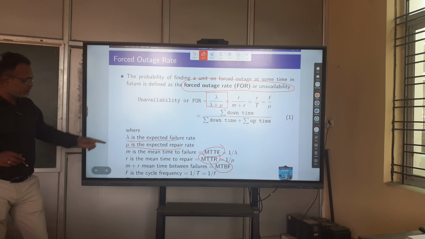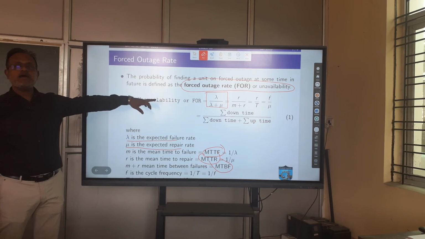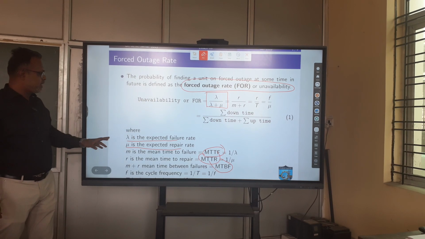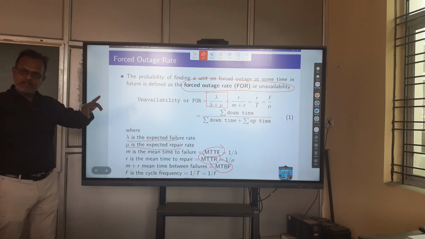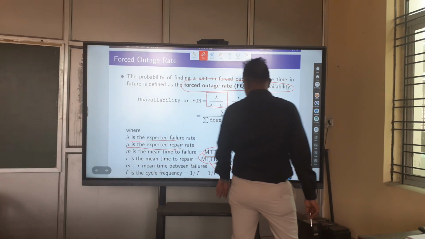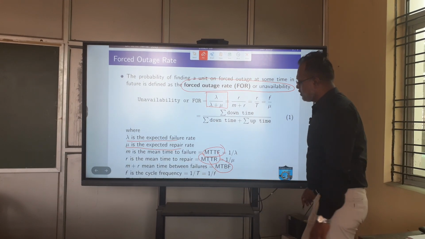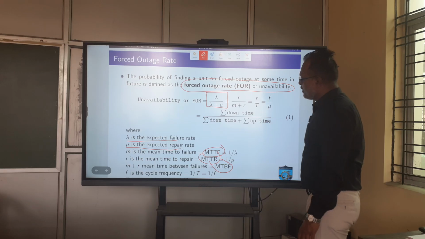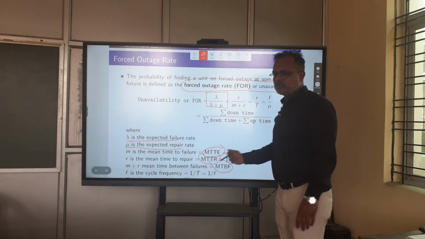Just mention these terms. Write FOR is equal to lambda by lambda plus mu. Lambda is the expected failure rate, mu is the expected repair rate, mean time to failure is given by 1 by lambda, and mean time to repair is given by 1 by mu. And then there is the term mean time between failures. So write it down.